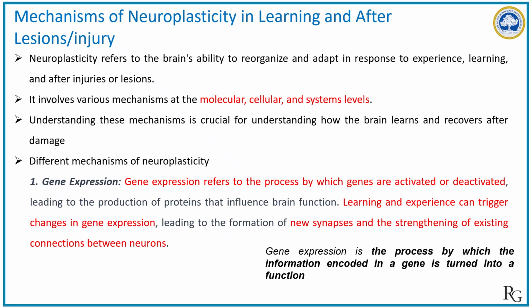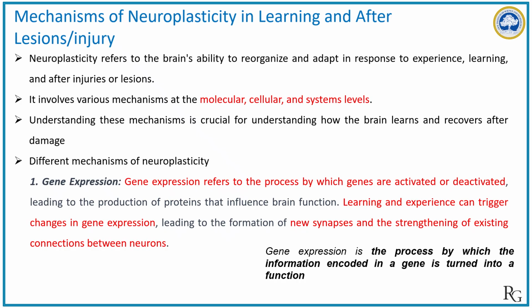A class of genes called immediate early genes, or IEGs, is especially important here. For instance, the gene Arc is expressed in the motor cortex specifically during skill learning, but not during simple repetitive movement that does not involve learning.